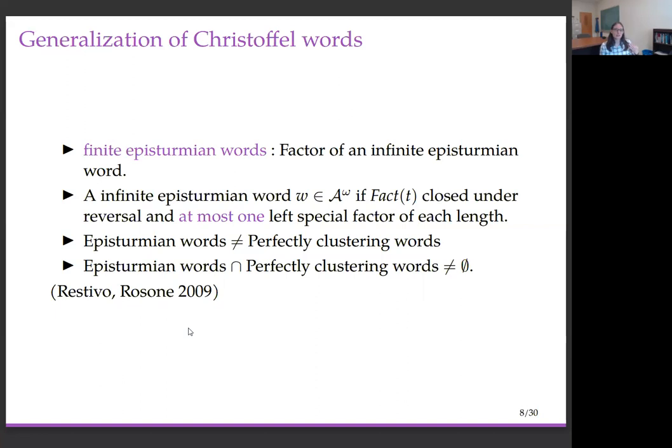Another generalization, which was already present and studied in the literature, is finite episturmian words, which are factors of infinite episturmian words.